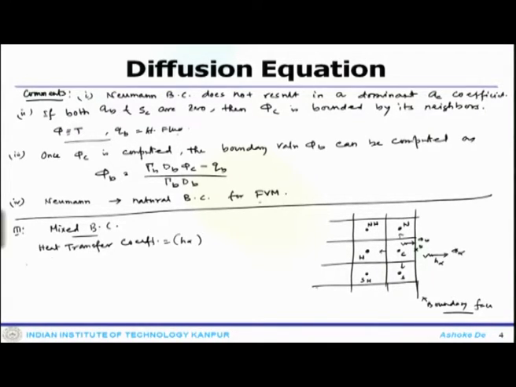Now, the flux which one can write for that is minus gamma del phi B dot I S B, which is going to be minus H infinity into phi infinity minus phi B into delta y c.